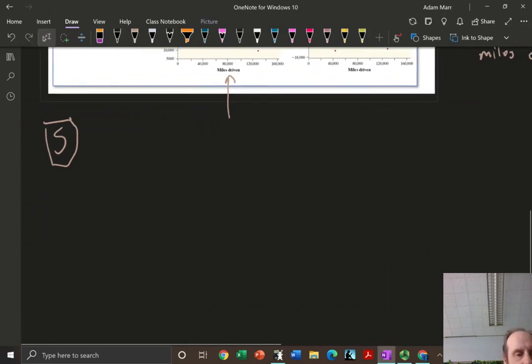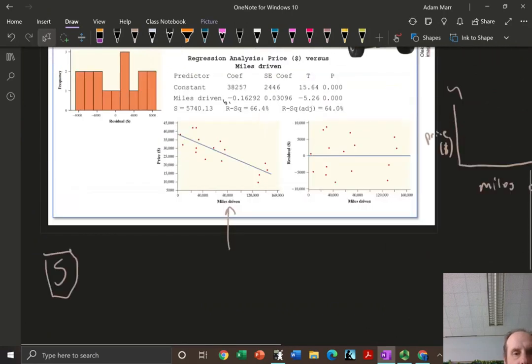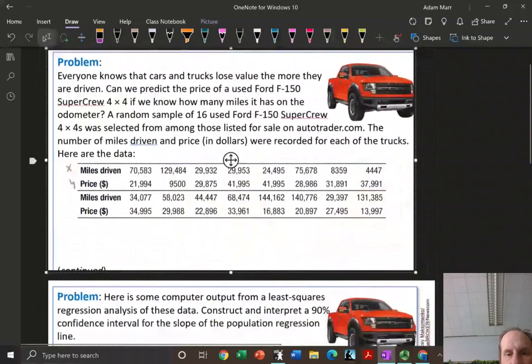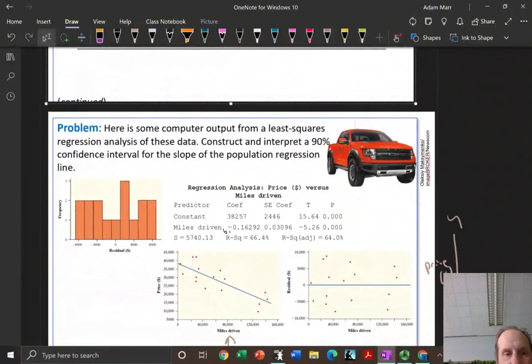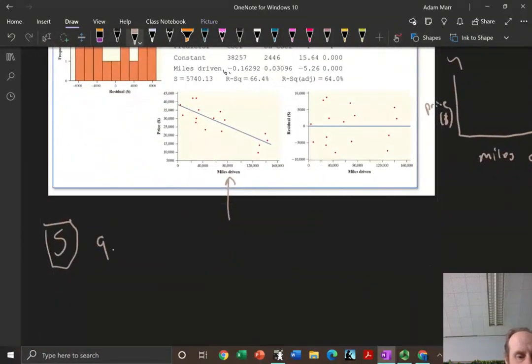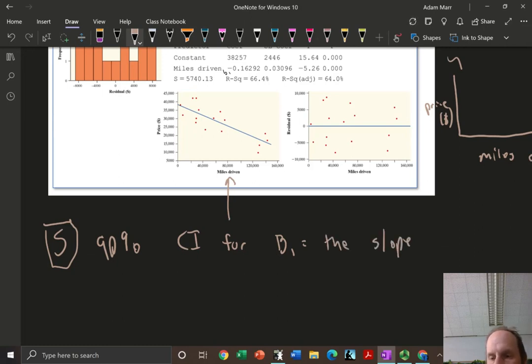Okay, state. So this is a confidence interval, and they want us to do a 90% confidence interval. So let's say 90% CI for the slope, the population slope, which is beta sub 1. It's the slope of the population regression line.